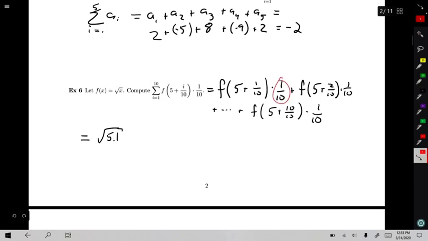Then we still have this times 1/10 floating around. Plus, the next summand is f of 5 plus 2/10 times 1/10. 5 plus 2/10 is 5.2. And then f says do the square root, so I'm looking at the square root of 5.2 times 1/10.